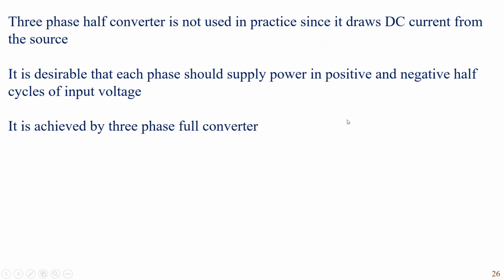In practice, half converter is not used, and if you draw the source current of each phase in half converter, there exists a DC component. It is essential that each phase should supply power in both half cycles of input voltage, and it can be achieved by using a three-phase full converter.